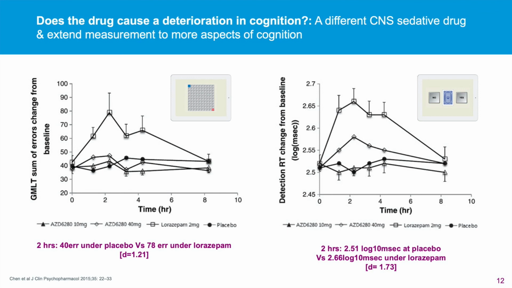In this early phase study, we could say that if a necessary condition for this drug to move forward was that it identified no deleterious cognitive effects, we can see at the higher dose of 40 milligrams, there are some deleterious cognitive effects, and we can start to make decisions about whether they're important or not. But we certainly have some information here to help us with that.